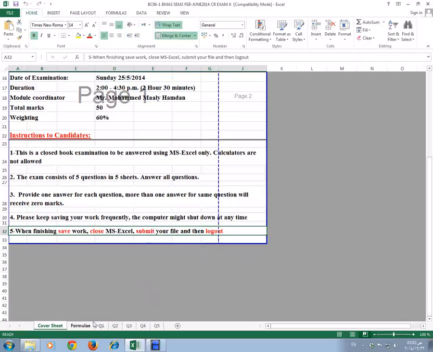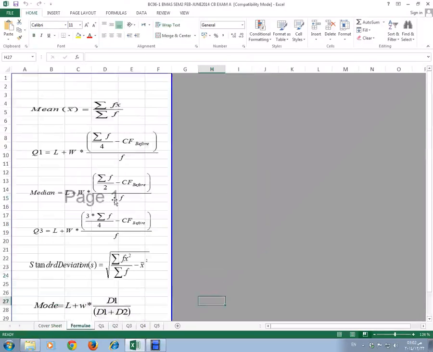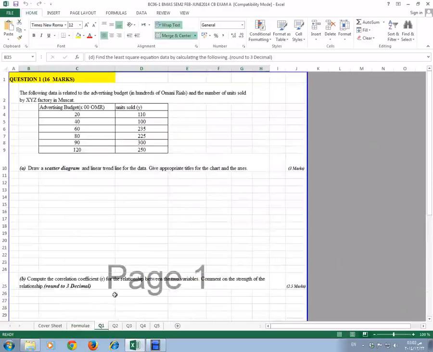The second sheet might include formulas for group data. The first question is about correlation and regression.